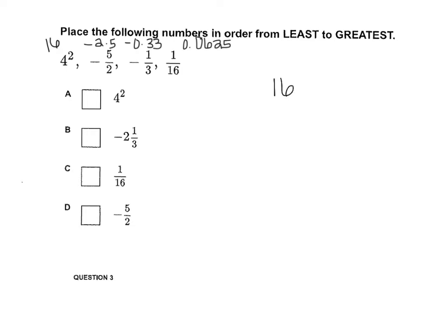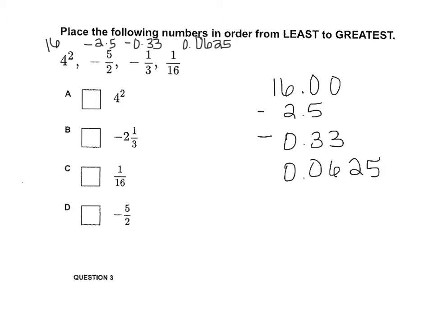So I have 16, negative 2.5, negative 0.33, and 0.0625. These numbers all look totally different. First of all, 16, I'm going to add a decimal and some zeros. And I'm going to add some zeros to the rest of my numbers just so they look the same-ish. Okay, least to greatest.